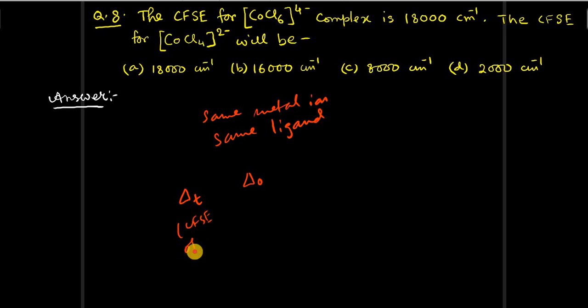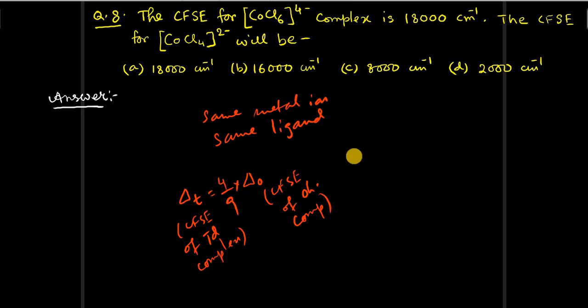The relation is delta T equals 4 by 9 delta O. So here it will be simply 18,000 into 4 by 9, and that is 8,000.